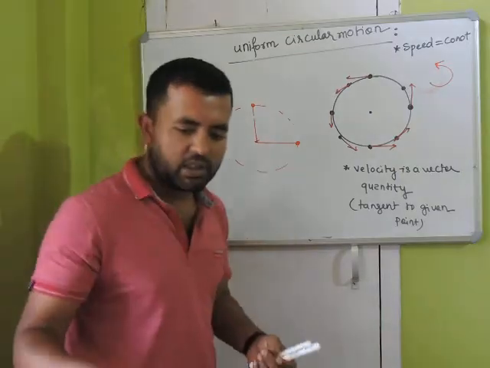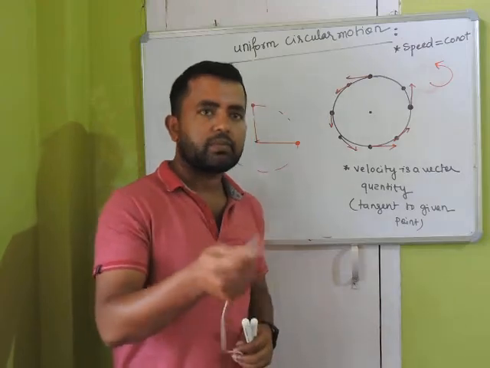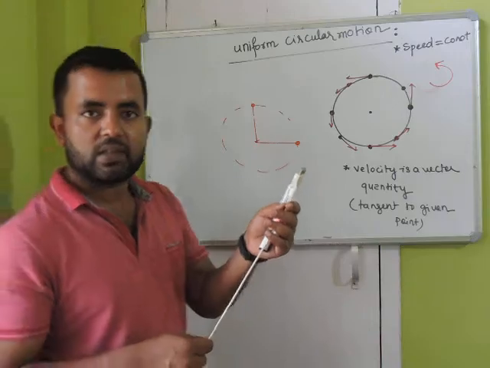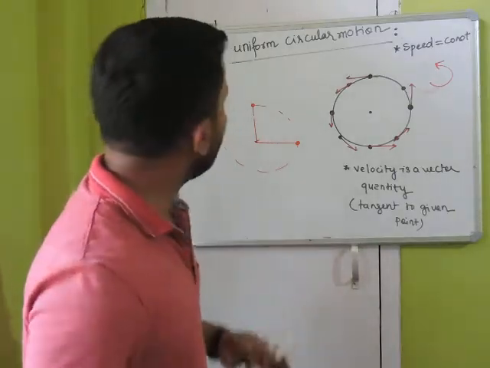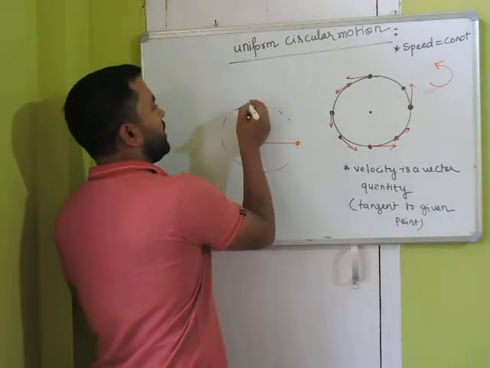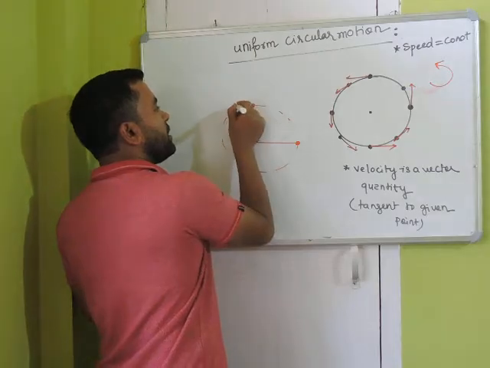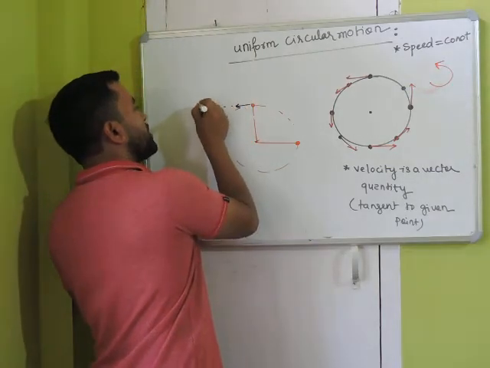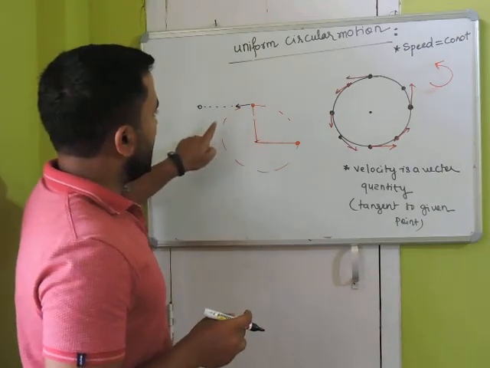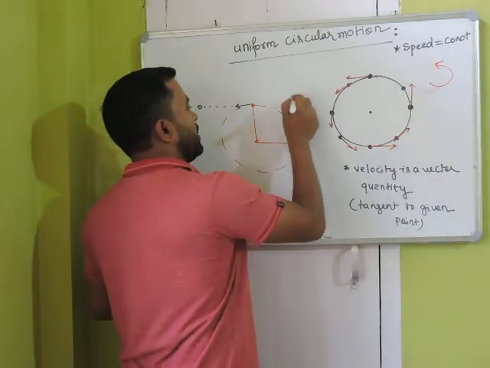So I am making it go in a circle, and suppose at the top the string breaks. In which direction will the stone fly? It turns out the stone will fly tangent to the circle. If I draw a tangent, this will be the path taken by the stone. And if it breaks here, it will fly in this path, and so on.